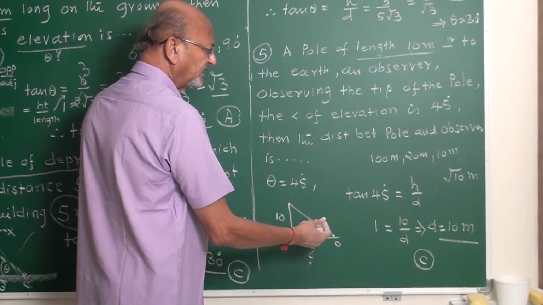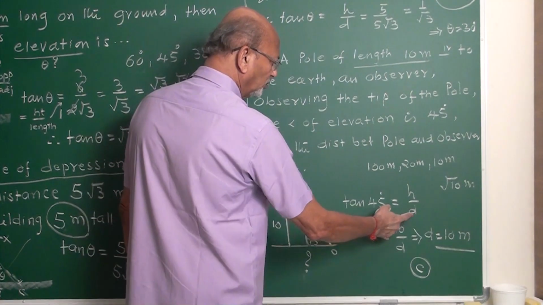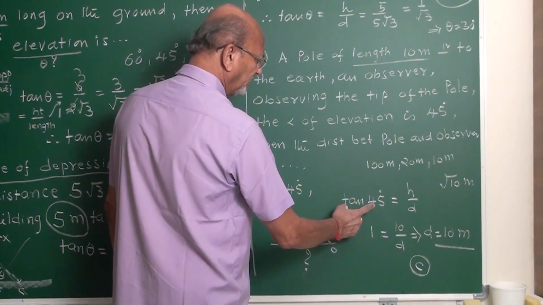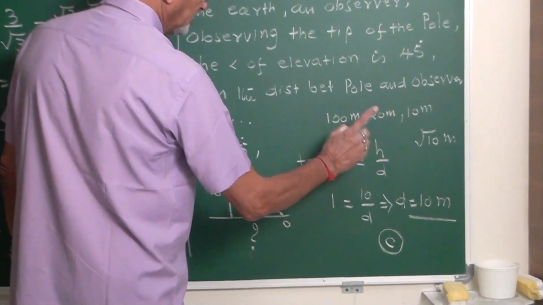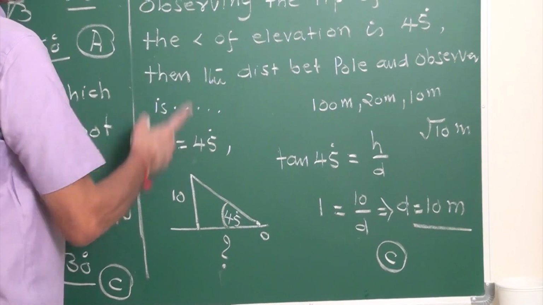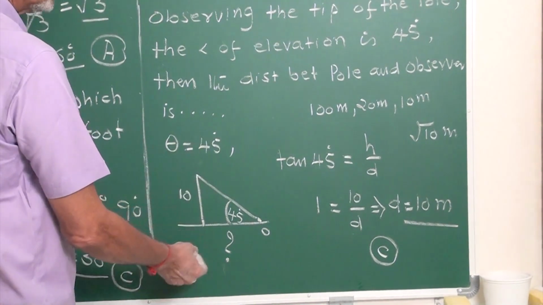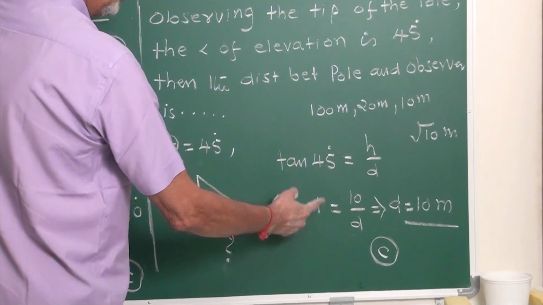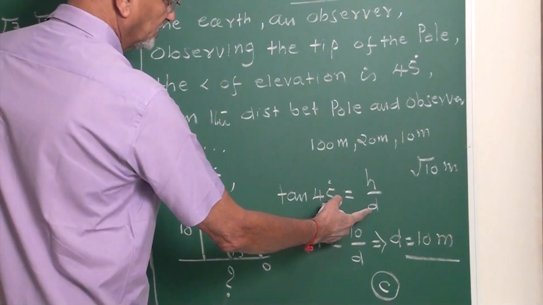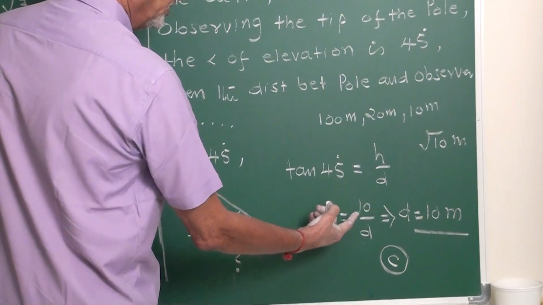Height. That h is 10. You want the distance between the pole and observer. Theta is 45 degrees. So tan theta equals h upon d. H is the length of the pole, perpendicular to the earth, that is the height. Tan 45 is 1. H is 10, equal to d. Therefore, h equals d.